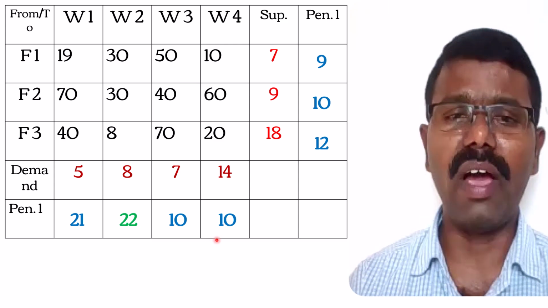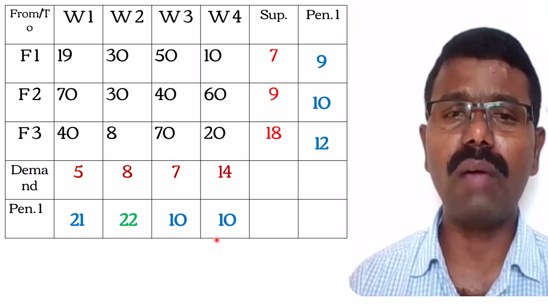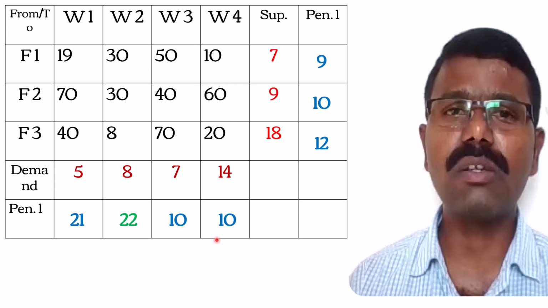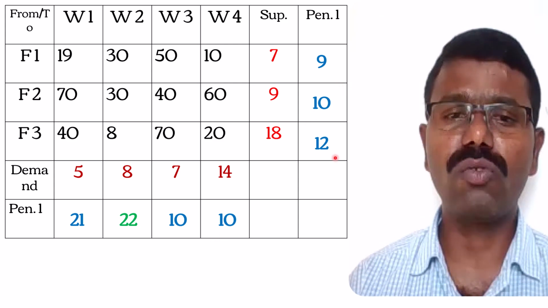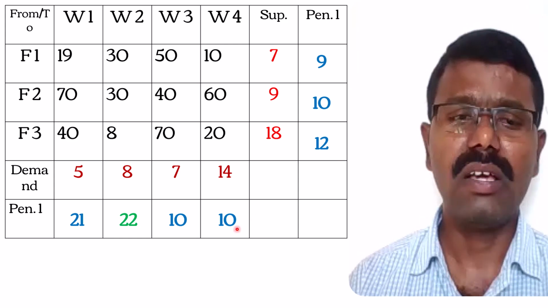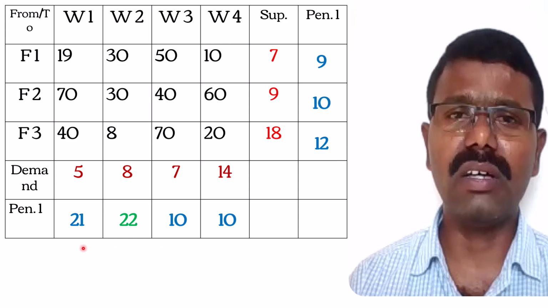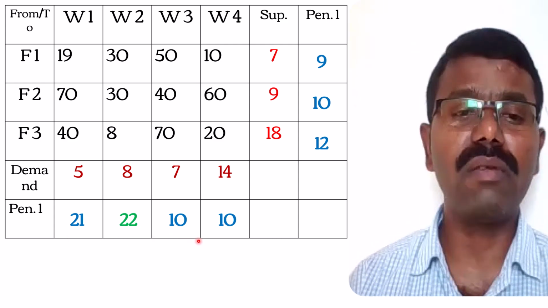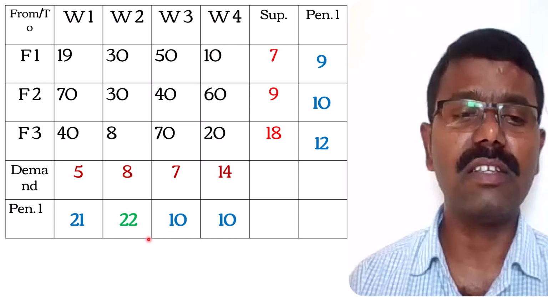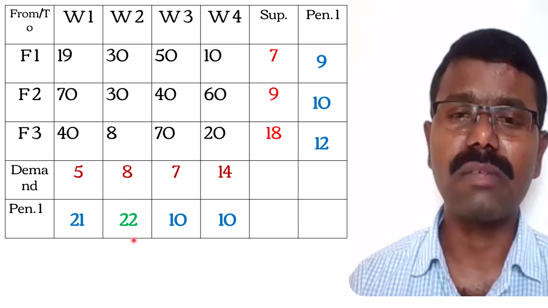You identify which row or which column has the highest penalty. If you compare the row penalties, 12 is the highest, but when you compare with the column penalties, 22 is the highest.